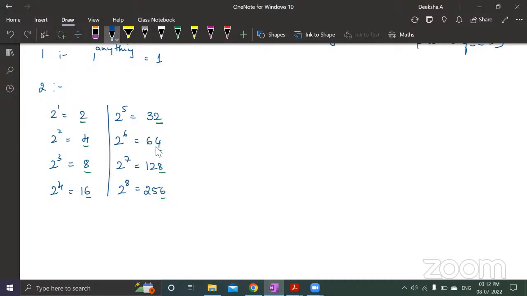How many different last digits do you have here? 4 different last digits, and they are repeating in this order. The first one is 2, then 4, then 8, then 6. Again 2486, 2486. In this order, it's going to repeat.